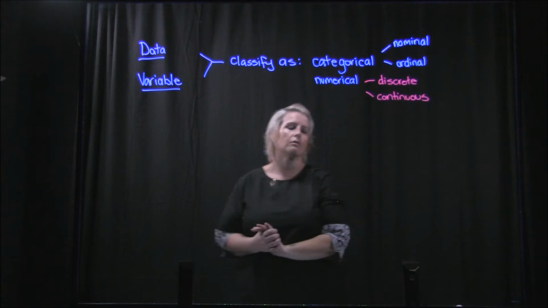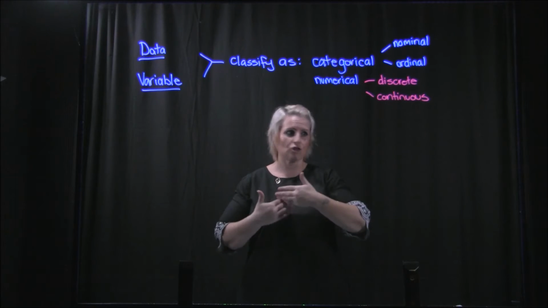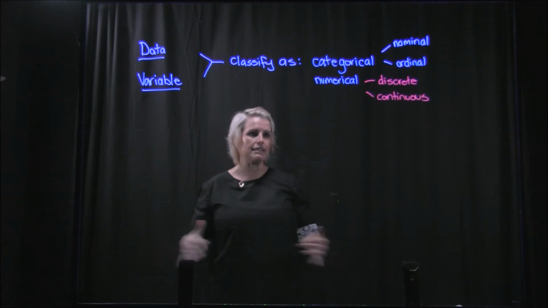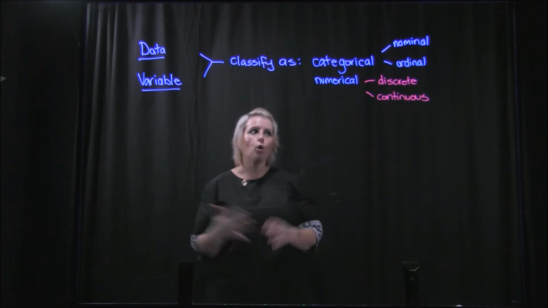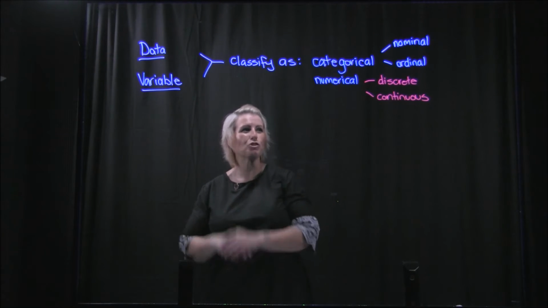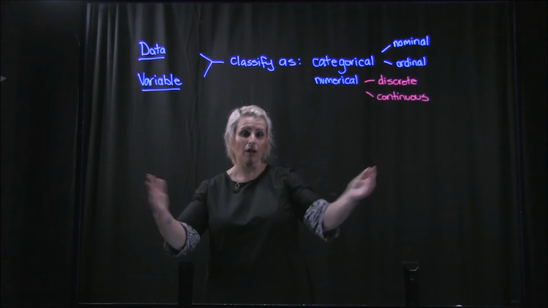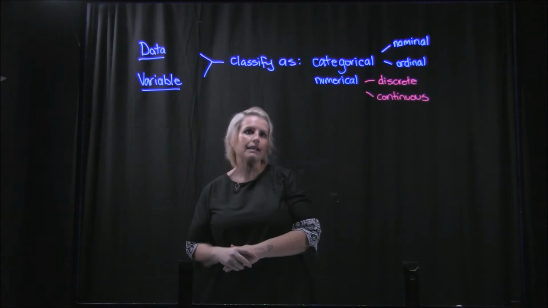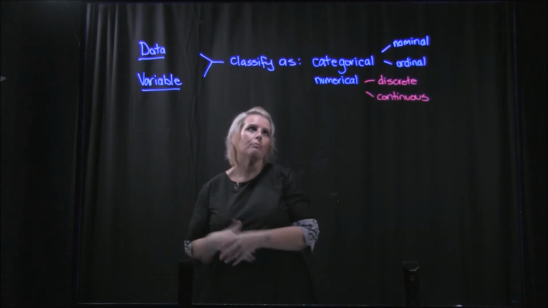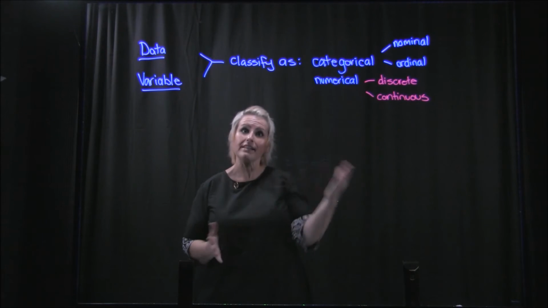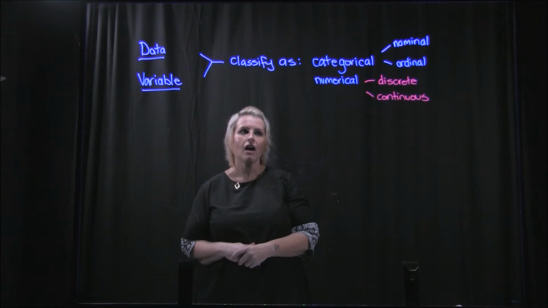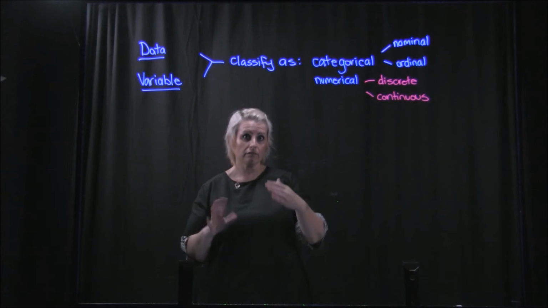Continuous numerical data is when it just keeps on going. So height, weight, if you measured the size of your foot, all of those things are continuous because you could put it anywhere on a number line. So if you measured your height in centimeters, you could go 1.653792 centimeters. You can go right down to millimeters, whatever.